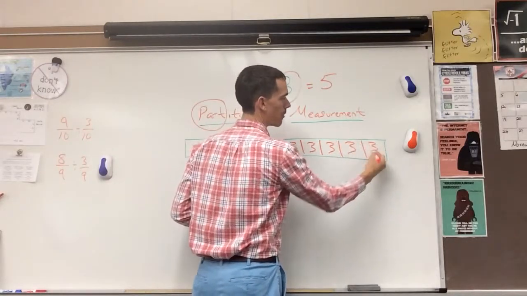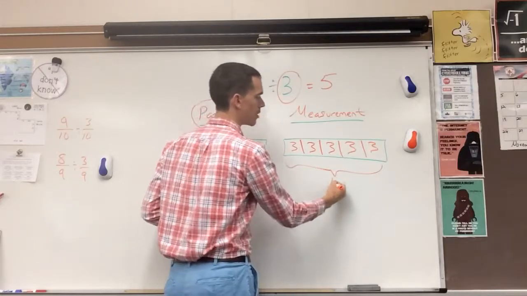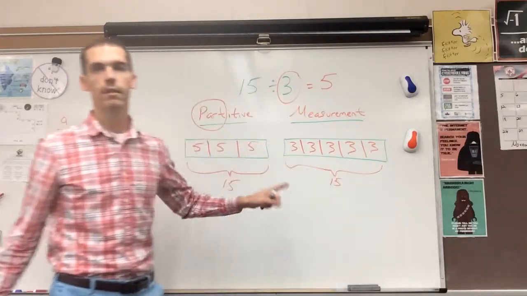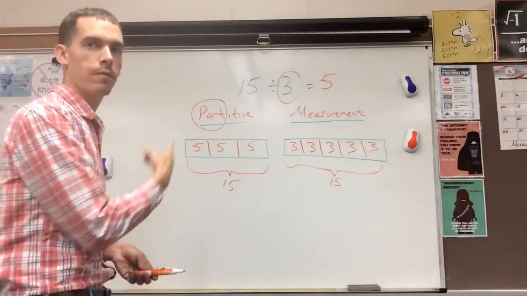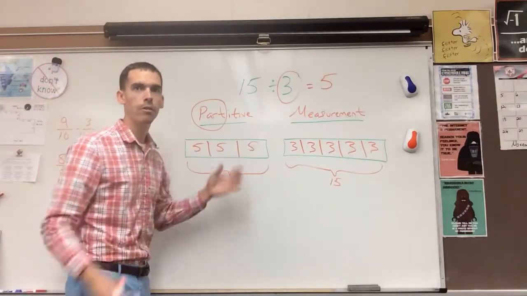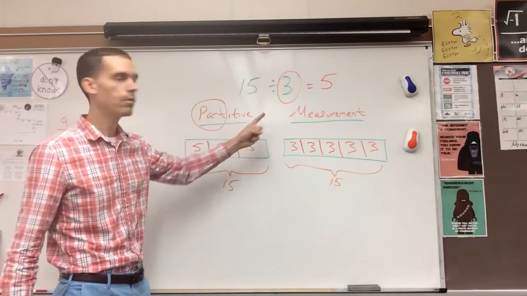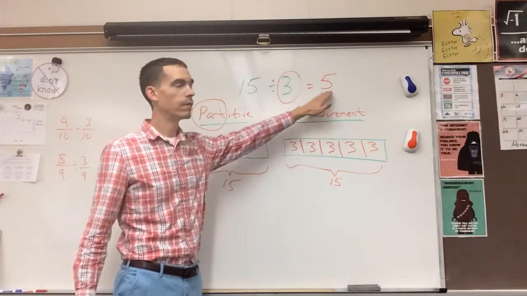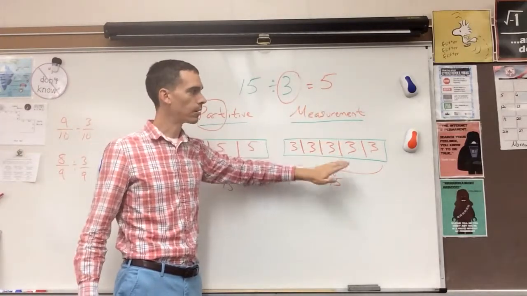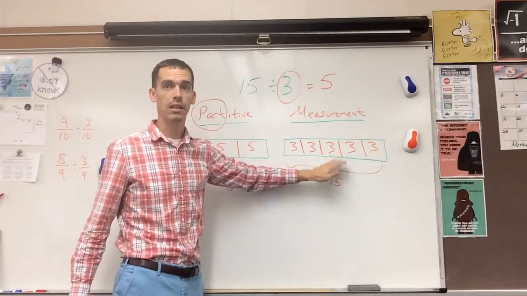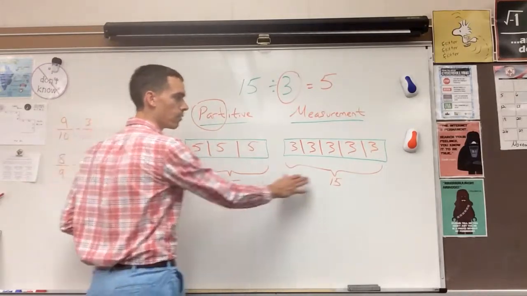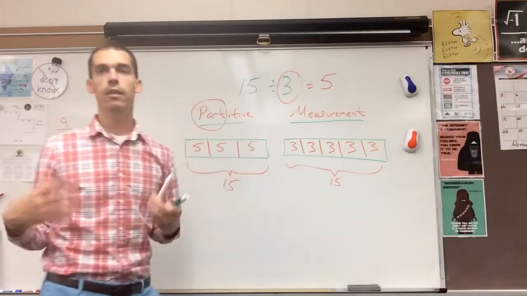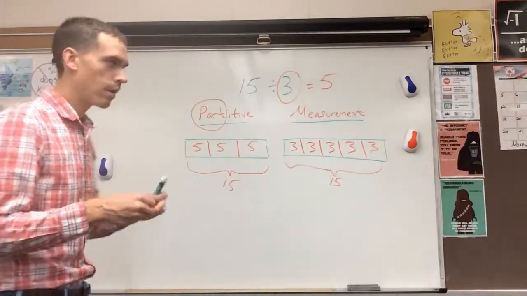So the measurement of all that is still going to be 15. So they're going to be equivalent with one another. So partitive versus measurement. Partitive, use the part, use the divisor that's already given to you. And then for measurement, use the value of the answer to find and use the part in each of those measurements to get to 15. Both of these should be equal to 15. So taking that, let's make some models going forward of other values.